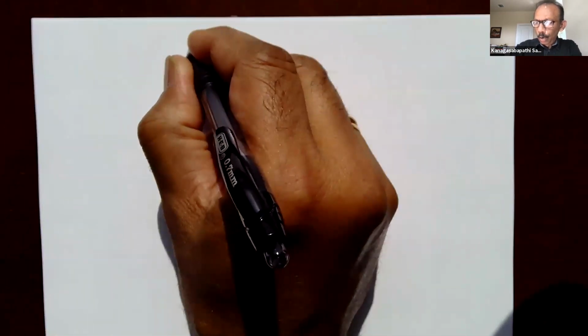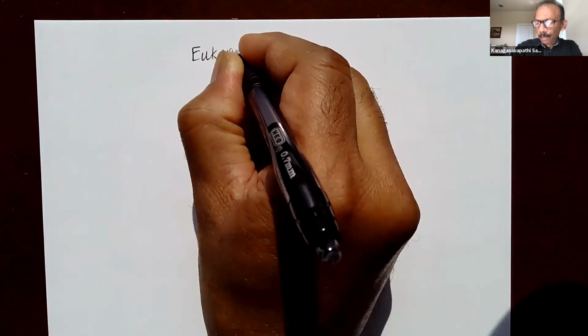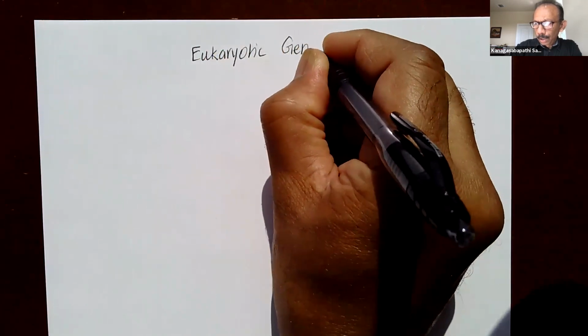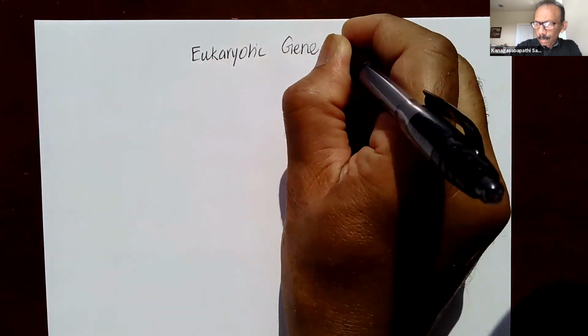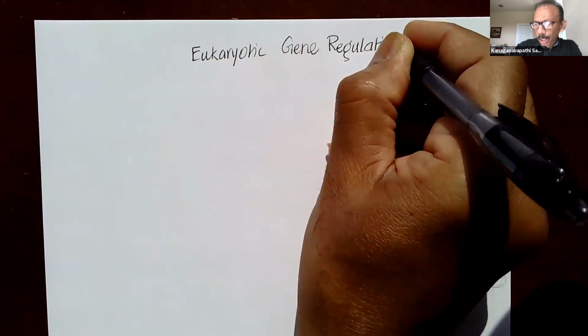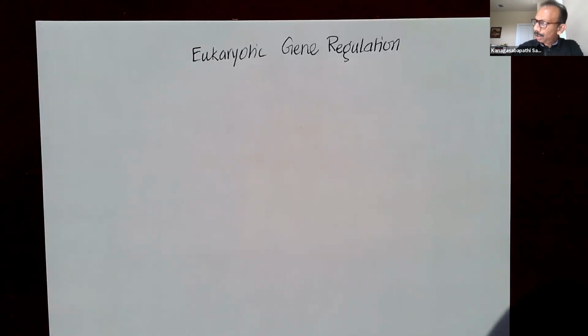So the eukaryotic gene regulation is different from the prokaryotic gene regulation. We need to understand the context of how eukaryotes are structured and operate.